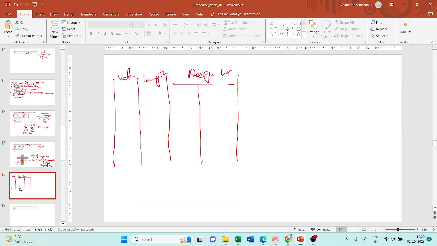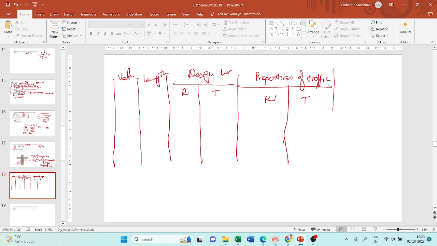Okay, so this is right and this is through. Proportion of traffic you're supposed to find, again for right and through. And after that you have to find out the length of lane, again for right and through.